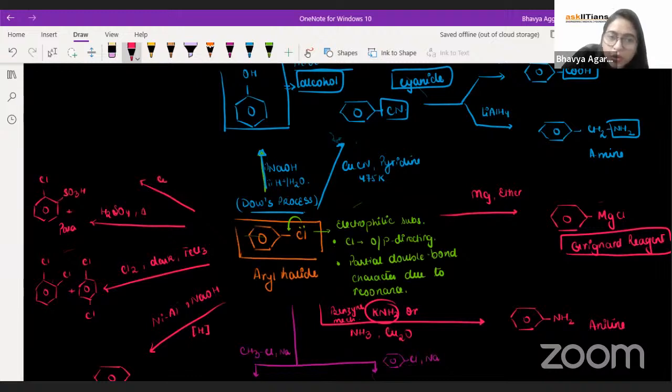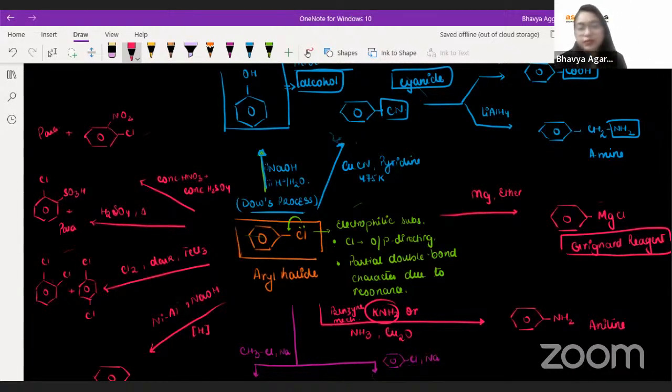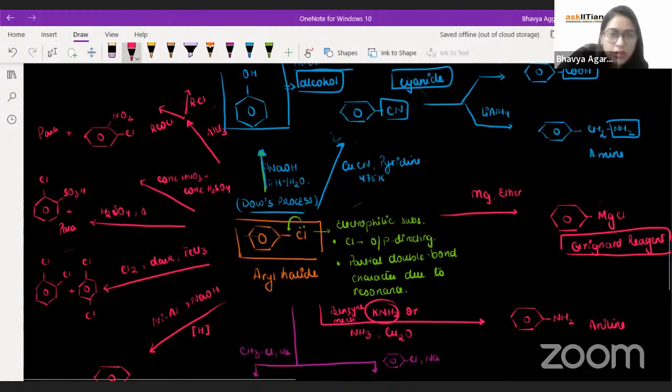We treat it with concentrated HNO3 in the presence of H2SO4. Then nitro group. If you treat it with RCl or RCOCl in the presence of AlCl3, accordingly you will get the R part.